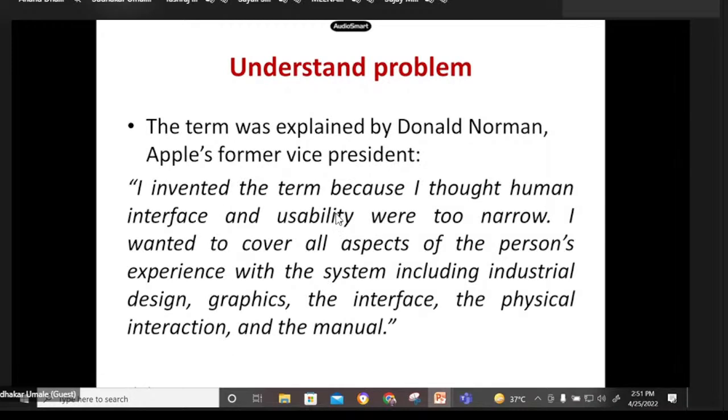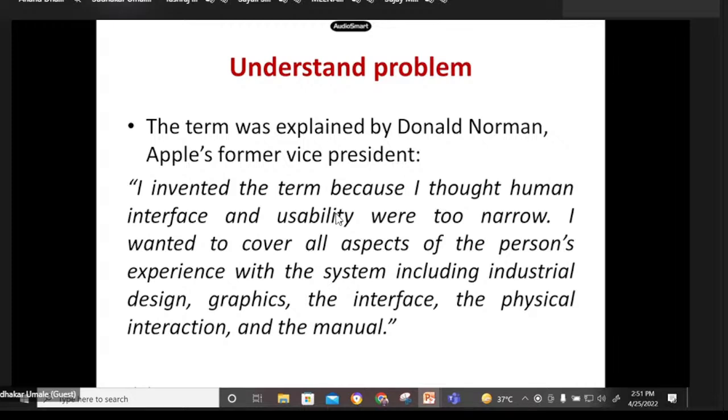One of the scientists and former vice president of Apple, Donald Norman, made one statement on understanding the problem. How to understand the problem? He made the statement during his service when he was former vice president of Apple.